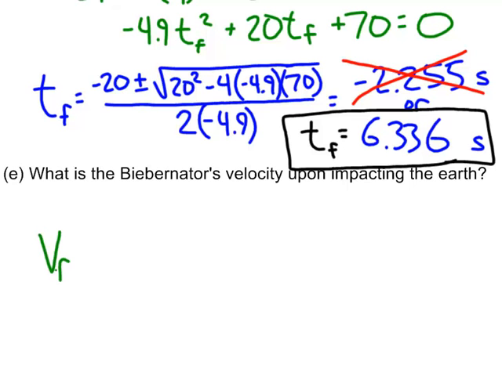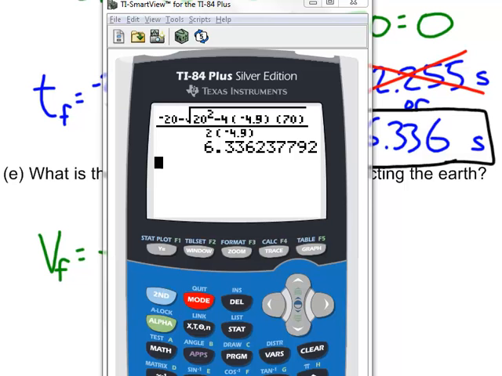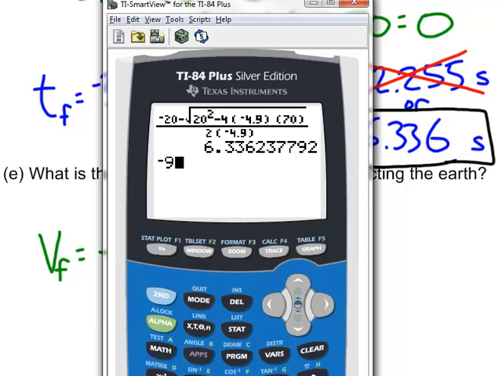So the velocity equals negative 9.8 times that time of 6.336 seconds plus 20. So back to the calculator, negative 9.8 times, that's the last answer I have in there, so I'll just do times answer plus 20.